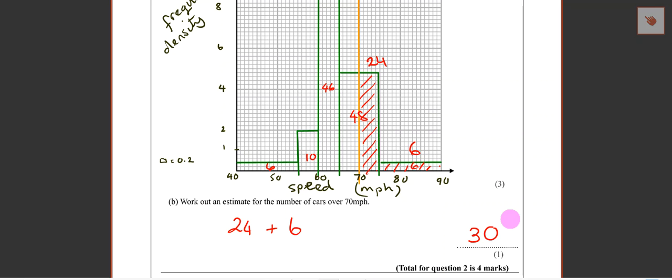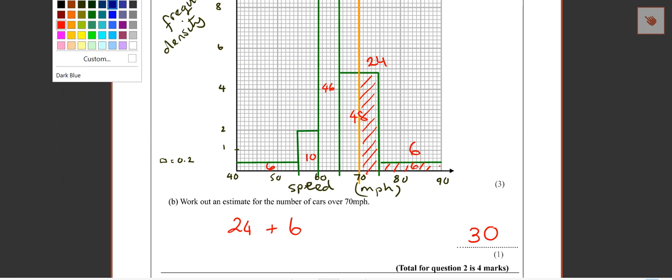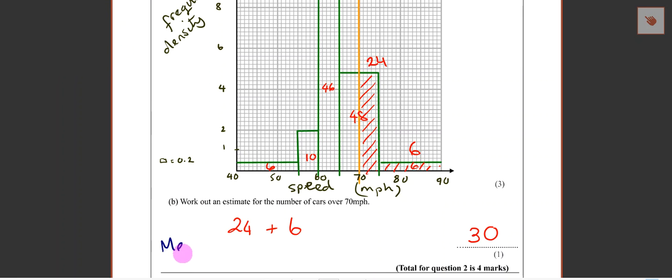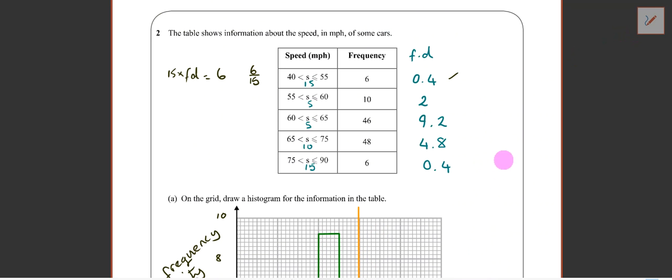Alright, and then the second thing I wanted to do is, what about the median? We've done this lots of times, but you've probably forgotten. Or think you've forgotten, but as soon as someone tells you. Yes. Total frequency, which is 116.